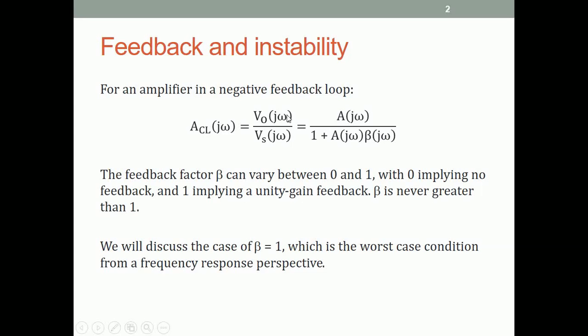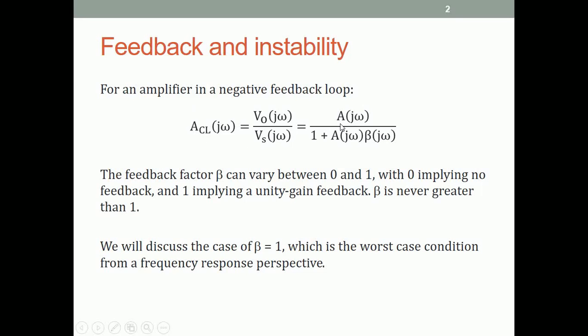Why sinusoidal? Because the very derivation of this A, either the closed loop or the open loop, in terms of omega is done with the underlying mathematics that omega corresponds to a sinusoidal signal.